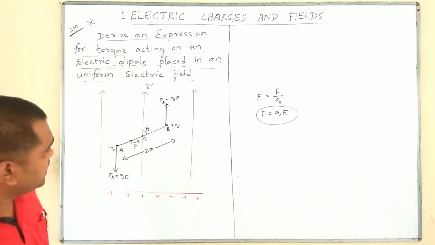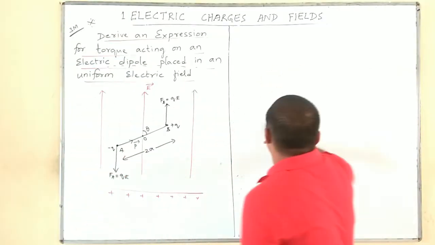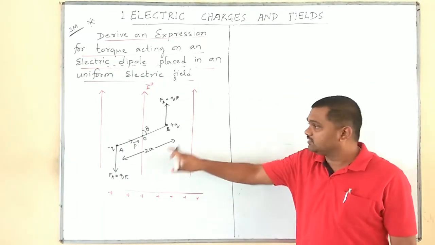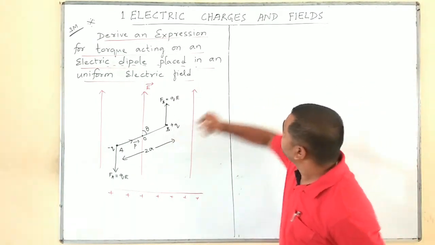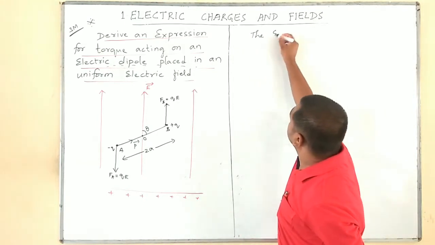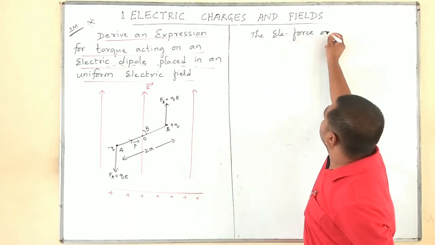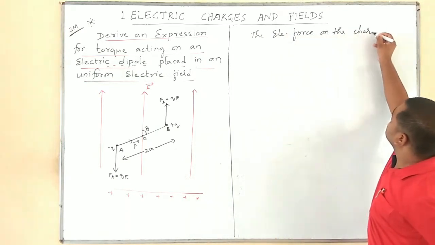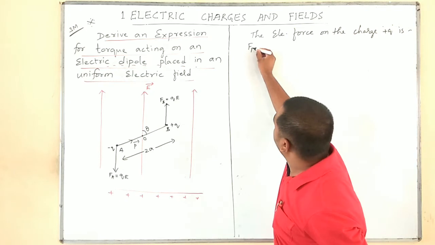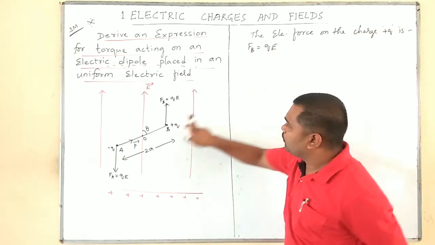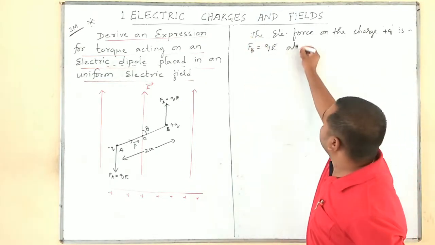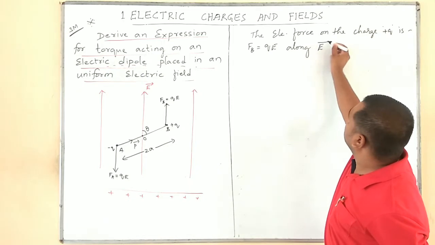Now, let us come to the actual concept, that is torque. Why does torque act on this electric dipole? First of all, the electrical force on the charge plus Q is given by FB equals QE, along the direction of the electric field.